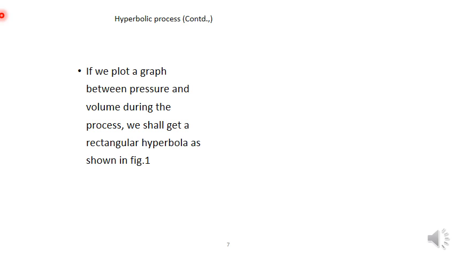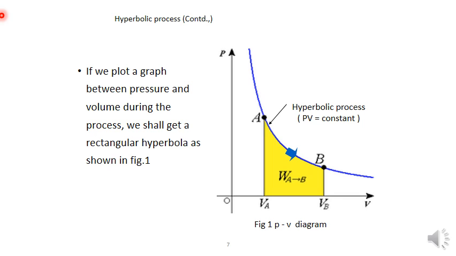Next, if you plot the graph between the pressure and volume during the process, we shall get a rectangular hyperbola. That's why we call it a hyperbolic process. See that pressure and volume are inversely proportional. As the volume decreases, the pressure is increasing.